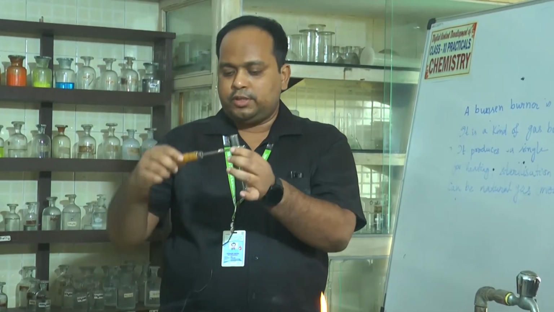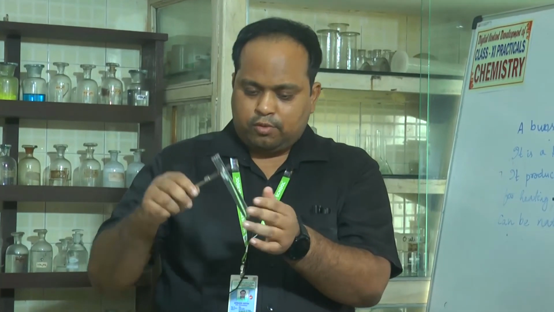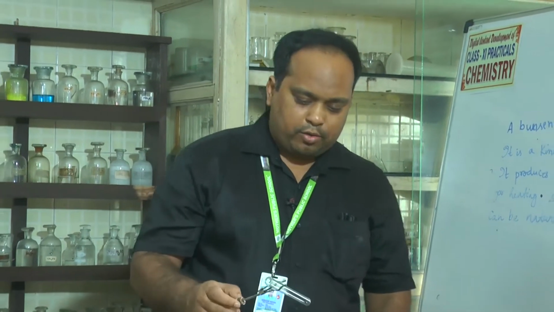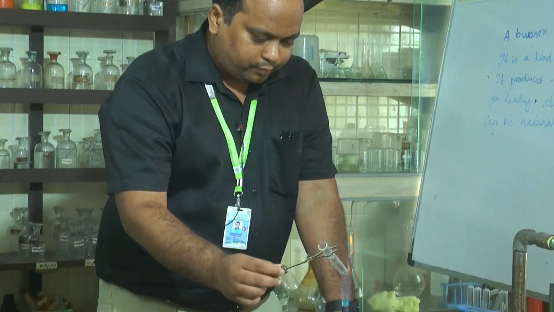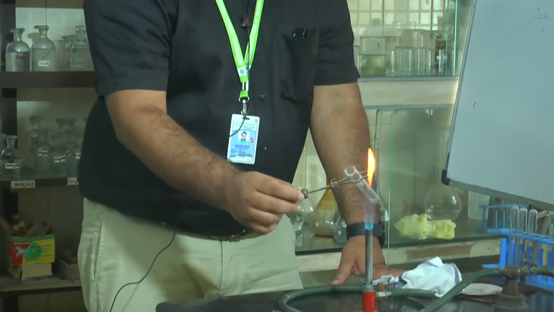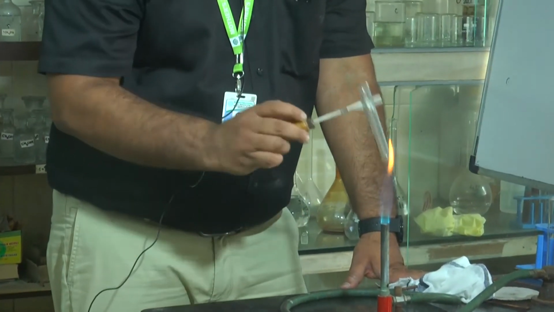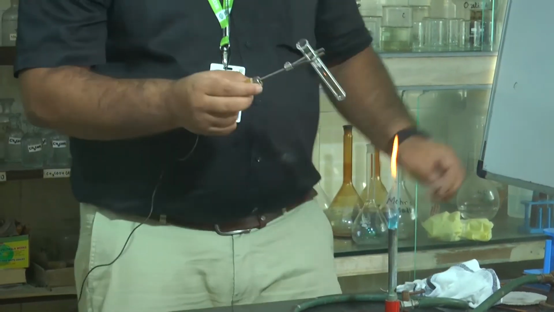This is your test tube holder, and if there is any water in it, you first have to dry it. So you have to do it like this. This is drying of the test tube.